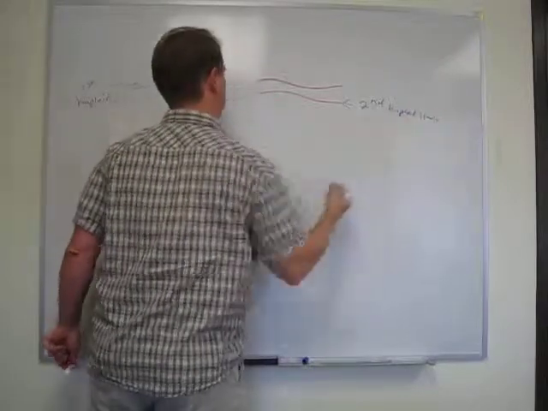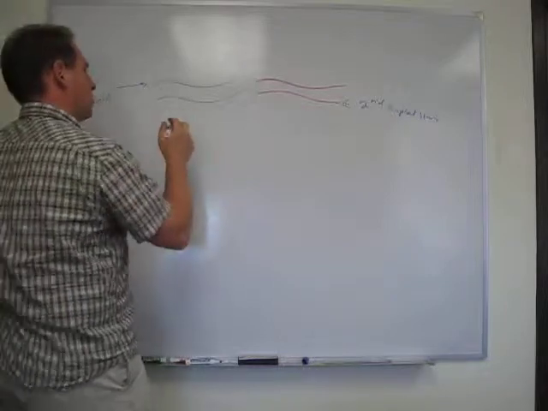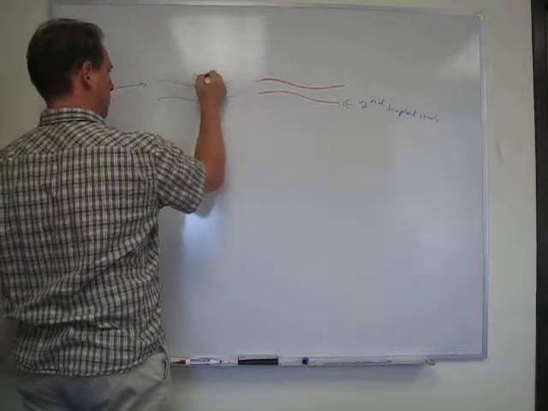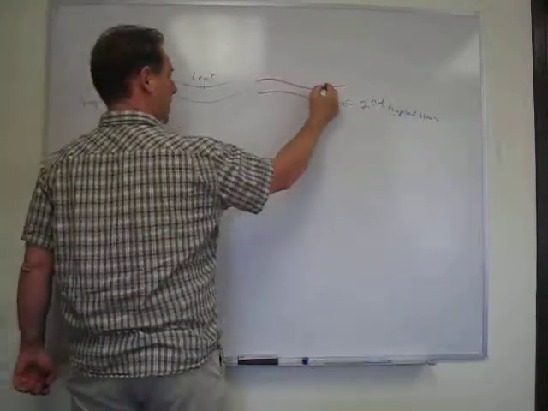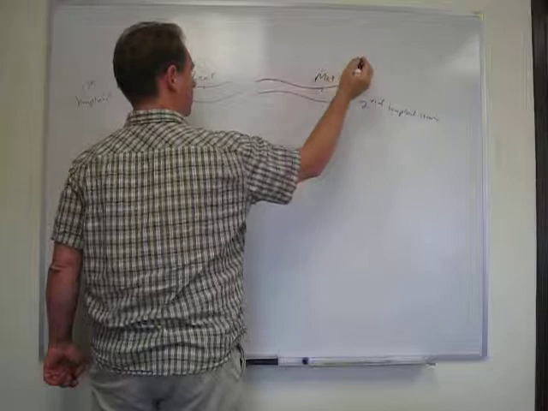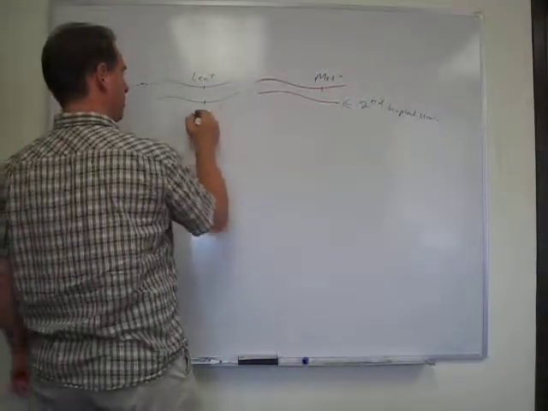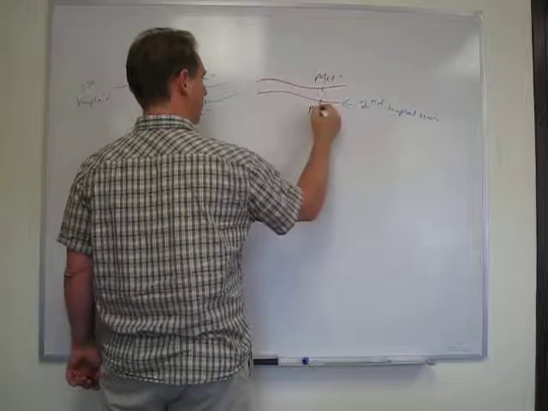With regard to those two, the first haploid strain was, I can't remember, but let's just say it was Lu plus and Met minus. And the second haploid strain would be Lu minus and Met plus.